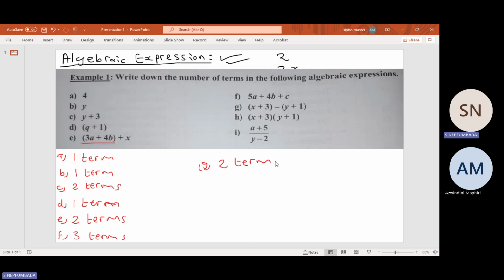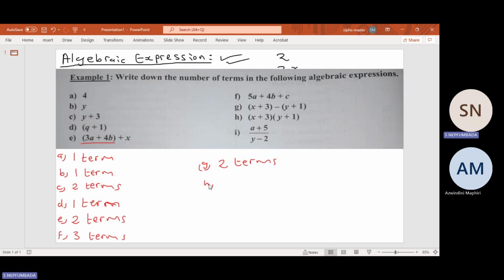You see, when they give you a bracket, some people get confused. And how many terms here? Isn't it because it's multiplication? Please try to use a little bit of English. It's one term.